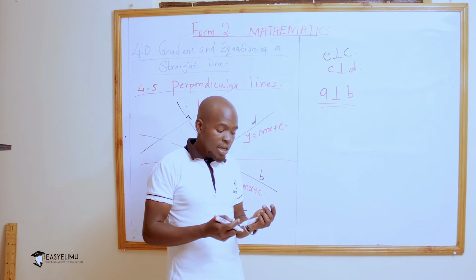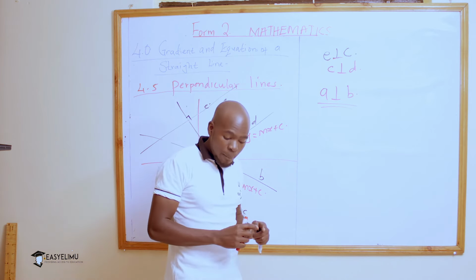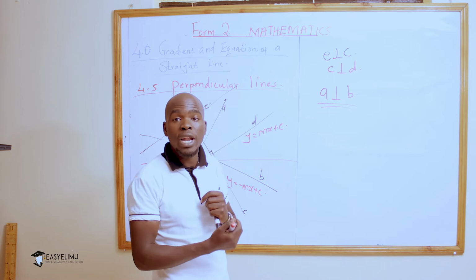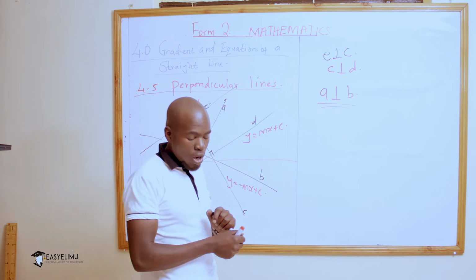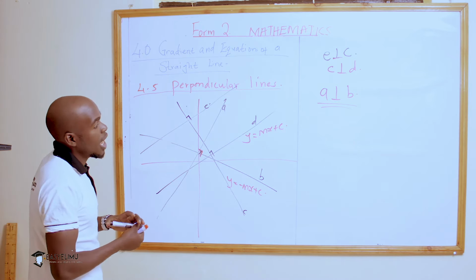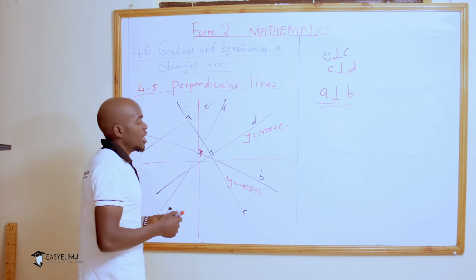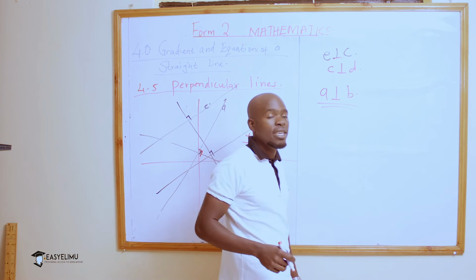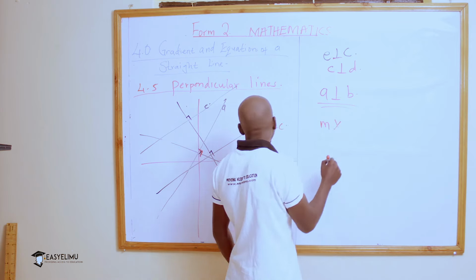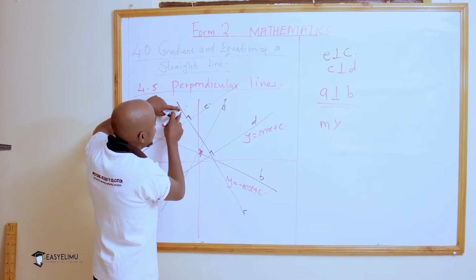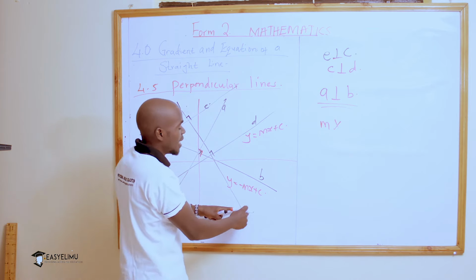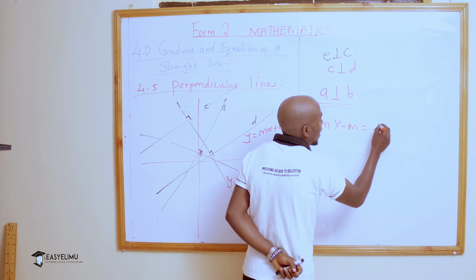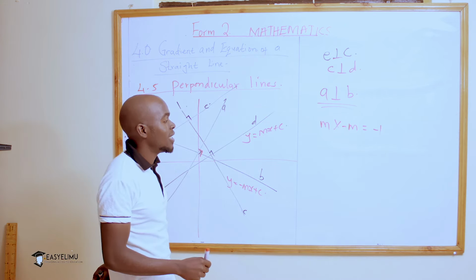So if the product of the gradients of two lines is equal to negative 1, then the two lines are said to be perpendicular to each other. For this case, if I take the product of the first gradient, line D, which is m, and multiply it by the gradient of line C, which is -m, I should get negative 1. That is what it says.